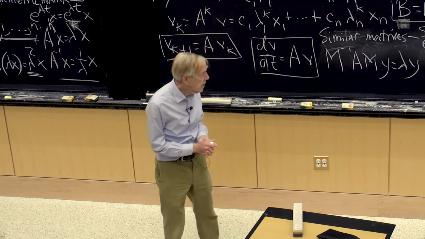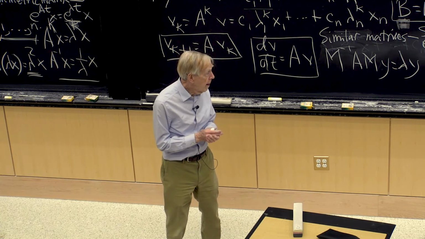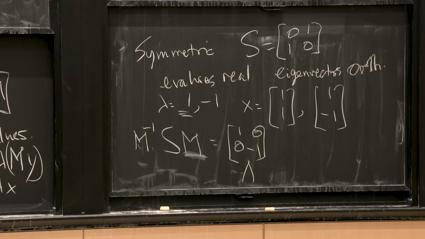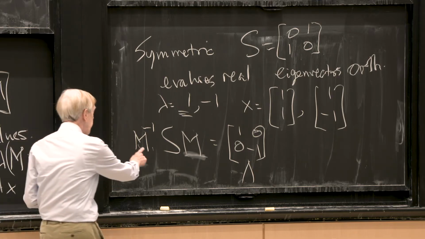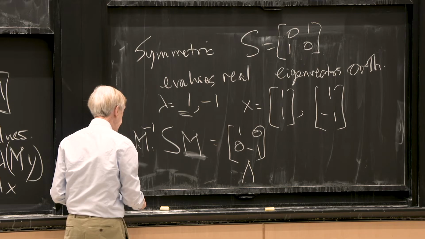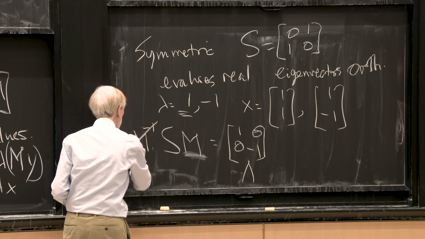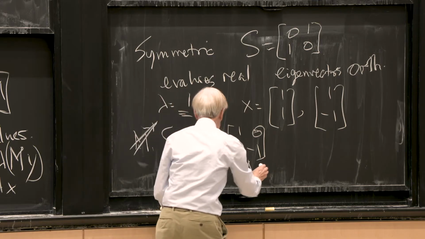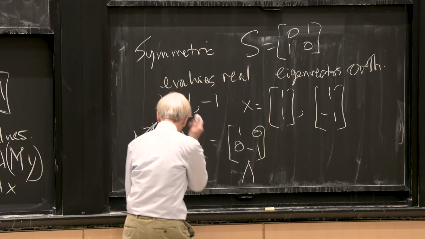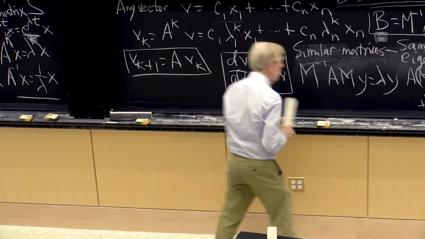What's the matrix that diagonalizes S? What have we got left to use? The eigenvectors. Yeah, I'll put that M inverse is going to go over to the other side.